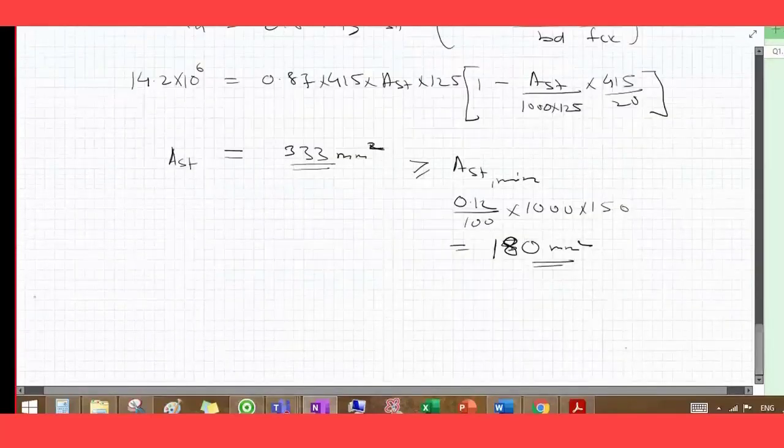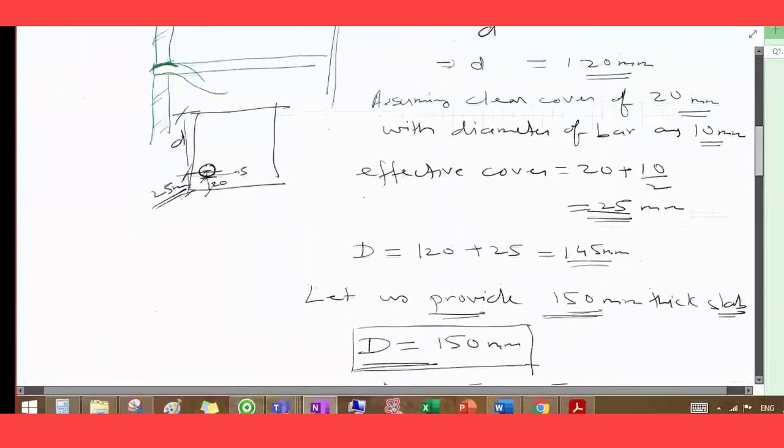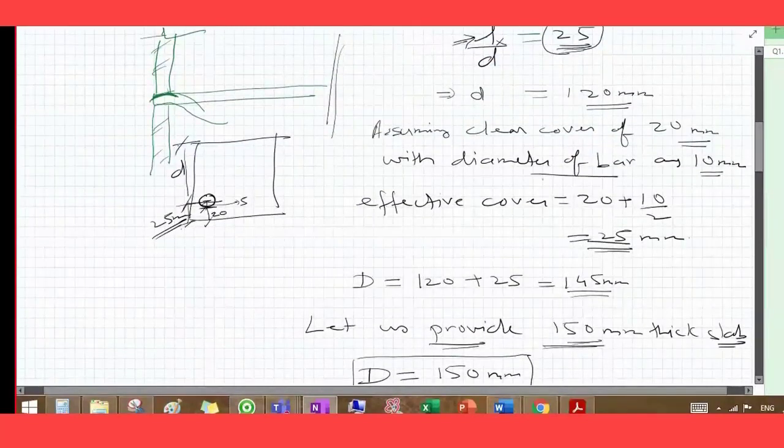So the next step I talked about is to compute the spacing. As I said, you'll be using a 10 mm diameter bar, because when I was computing the effective cover, you remember here, the diameter of bar which I said I will be using was 10 mm. Generally you go with 8 mm, 10 mm or 12 mm. So I had written 10 mm bar based on that.